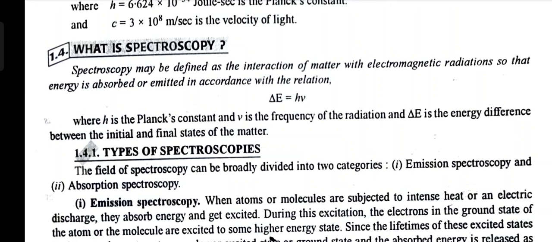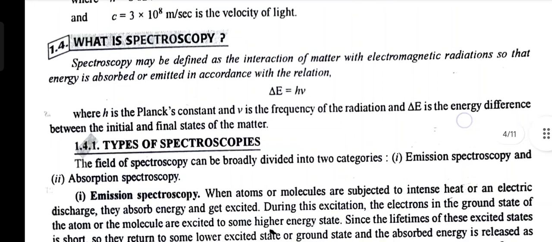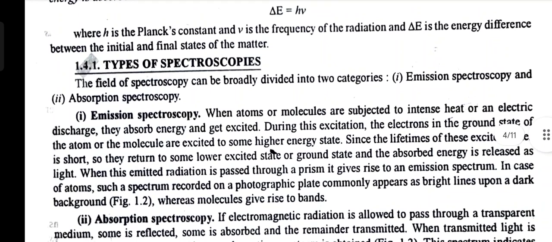The field of spectroscopy can be broadly divided into two categories. First, emission spectroscopy. Second, absorption spectroscopy. Emission spectroscopy: when atoms or molecules are subjected to intense heat or an electric discharge, they absorb energy and get excited. During this excitation, the electrons in the ground state of the atom or the molecule are excited to some higher energy state.